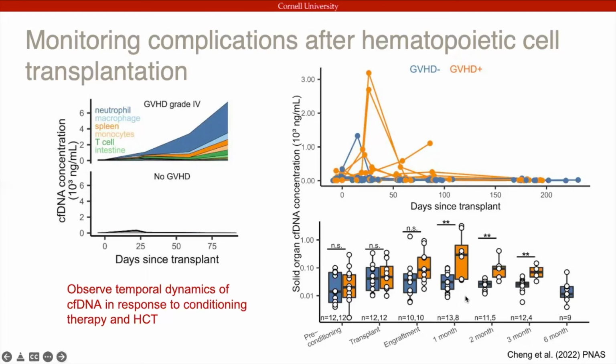However, after transplantation, individuals who developed GVHD had significantly higher concentration of solid organ-derived cell-free DNA. Looking more specifically at the days post-transplant, for individuals who did not develop GVHD, the solid organ concentration resolves to baseline much faster than those with GVHD.